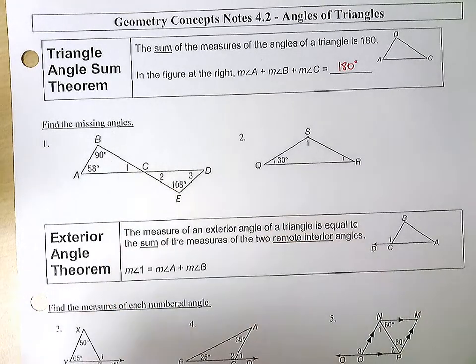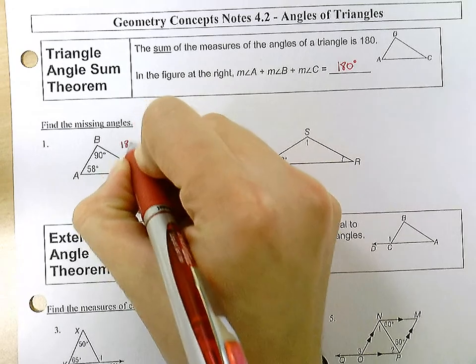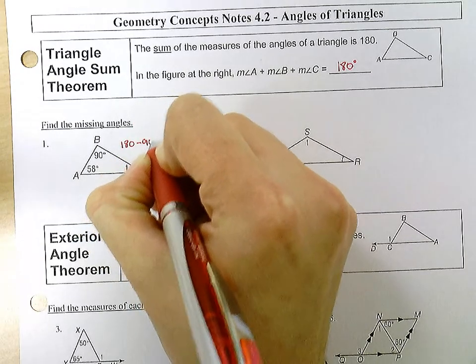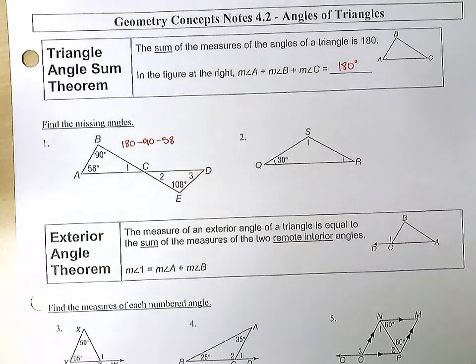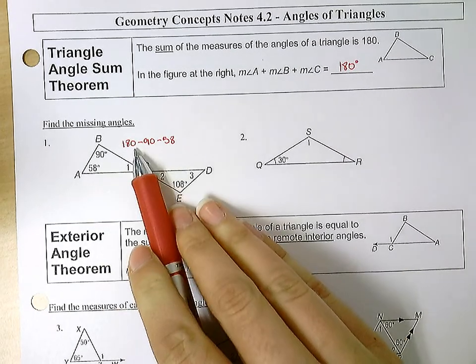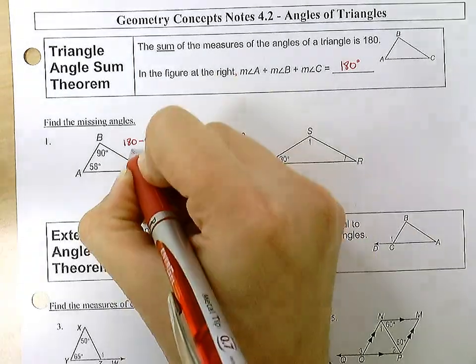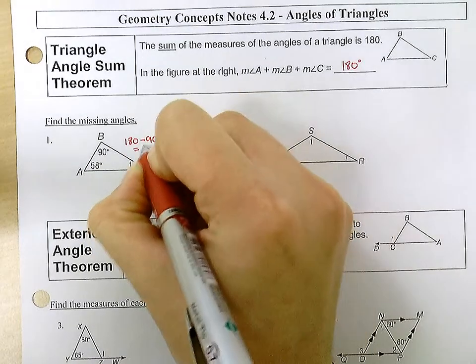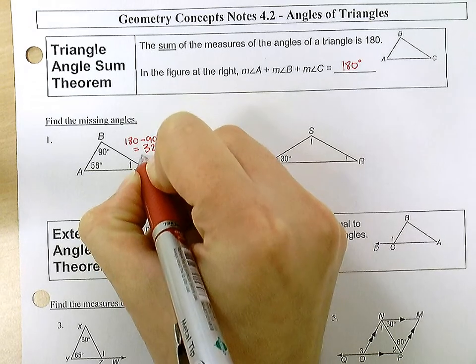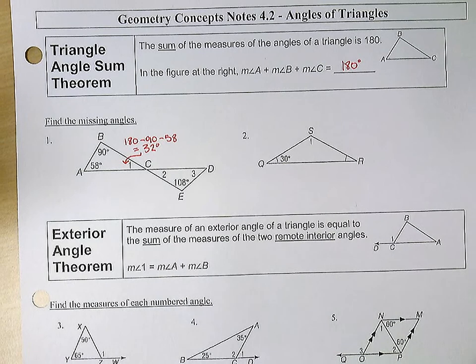Since all 3 have to be 180, I would just subtract the 2 that I already know, 90 and 58, from 180. That will be 32 degrees. That's how to find angle 1. Just subtract those from 180.